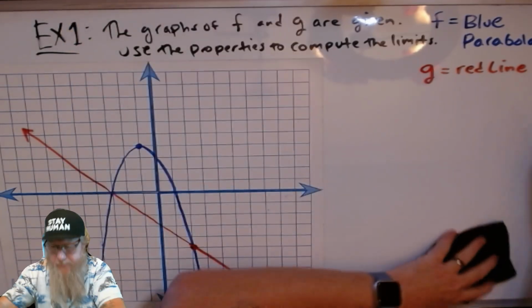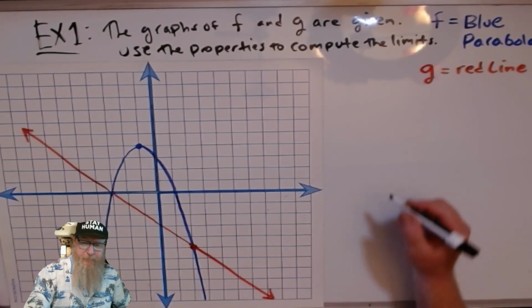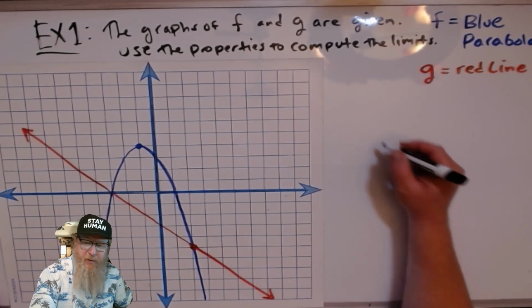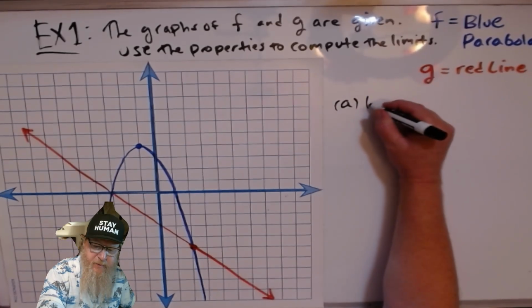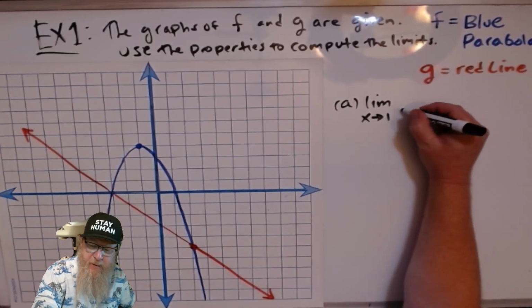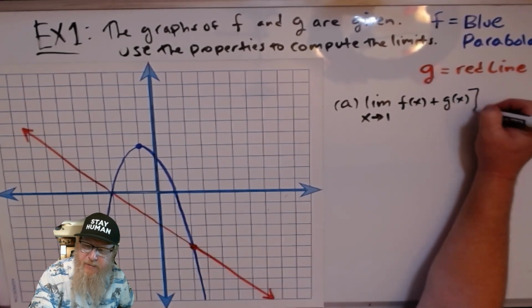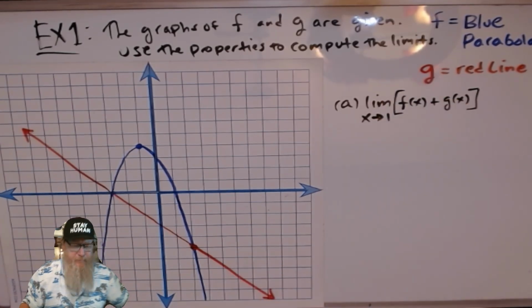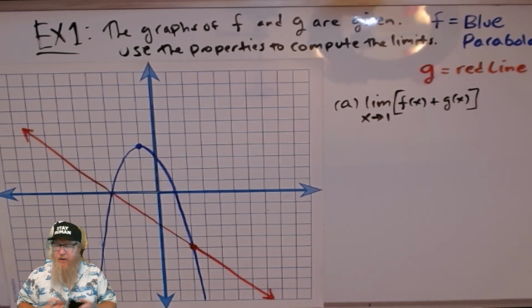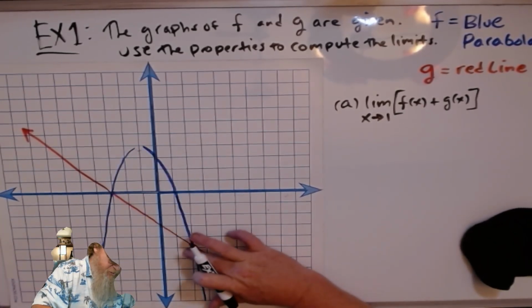All right, so let's calculate some limits. Let's do the limit as x approaches 1 of f of x plus g of x. I might have mentioned this in my previous graphing problems: I don't always show solid dots.